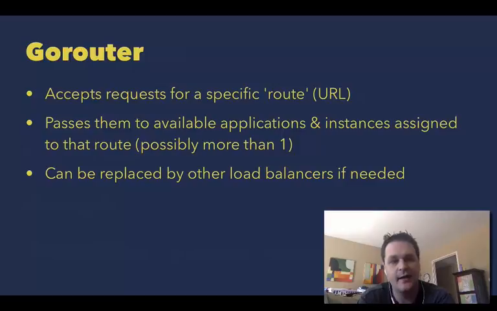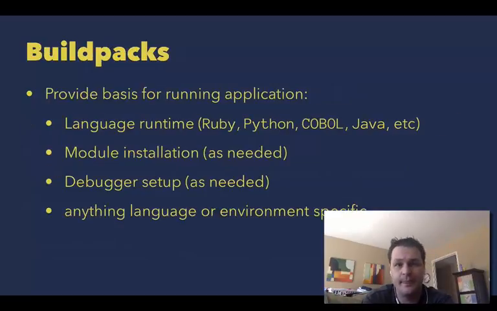And it's the job of the Go router to accept requests and pass them off to the relevant location. Now, I will say that the router can be replaced by other load balancers if needed, although that is not entirely common, but it can be done for certain kinds of scenarios.